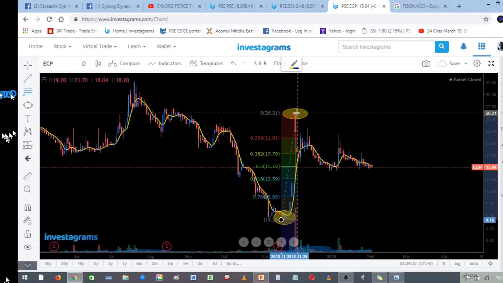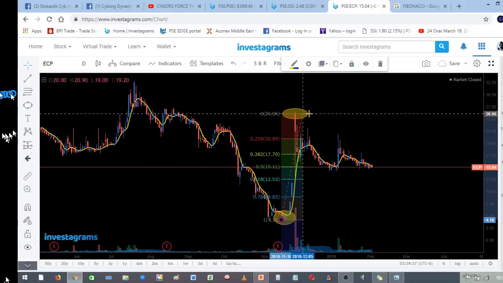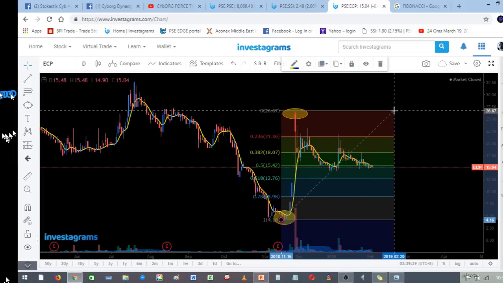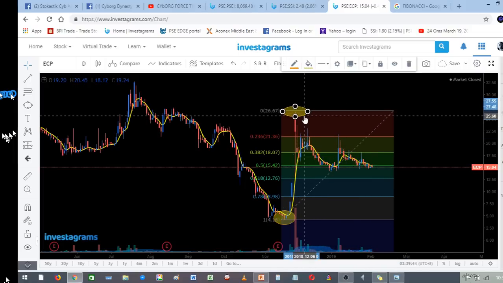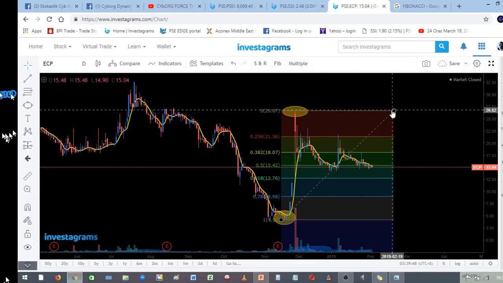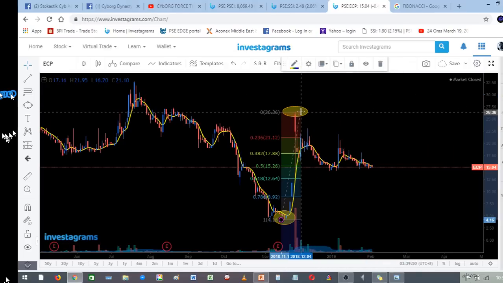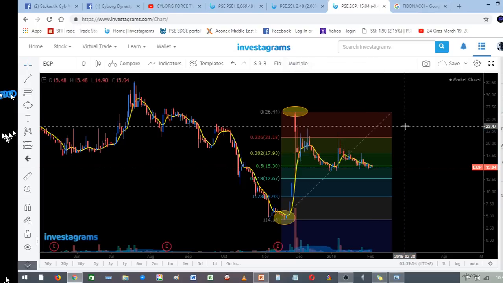So that is now your Fibonacci retracement. I will just extend it, but still you have to consider the topmost of the candle, which is here. I just drag it down, just drag it to the right, and then click.